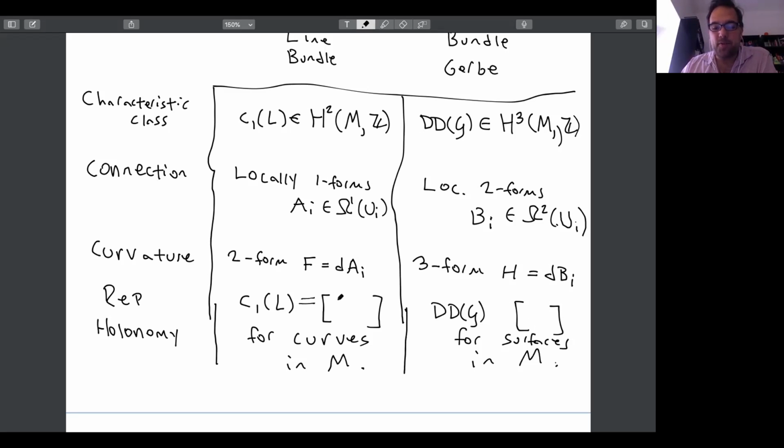So if we move the characteristic classes from integral cohomology to real cohomology, these forms represent them. And for bundle gerbes, we can take the holonomy on surfaces, which is analogous to how for a line bundle with connection, we can take holonomy for curves in the base.